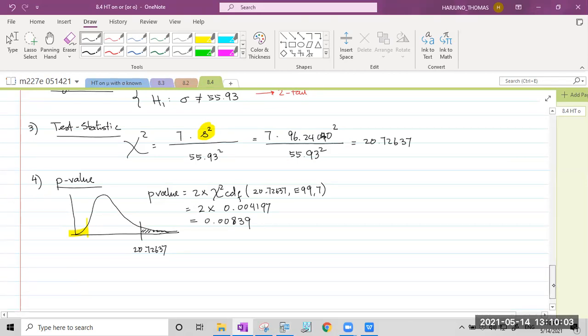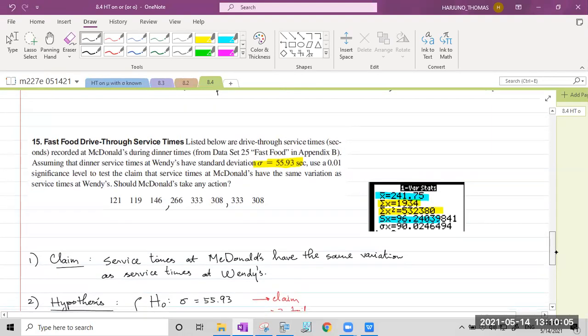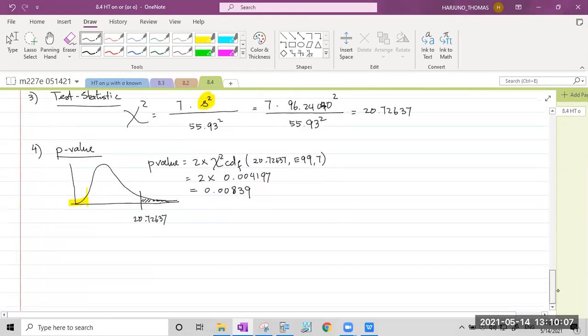I think the alpha is 5%, right? Oh, 1%. Oh, okay. The alpha is 1%. Well, this is still less than that. So, informal conclusion. Reject the null hypothesis. And then conclusion.